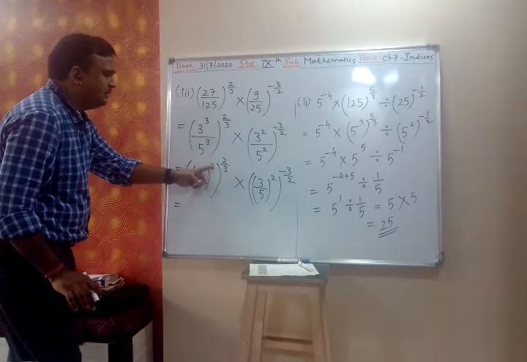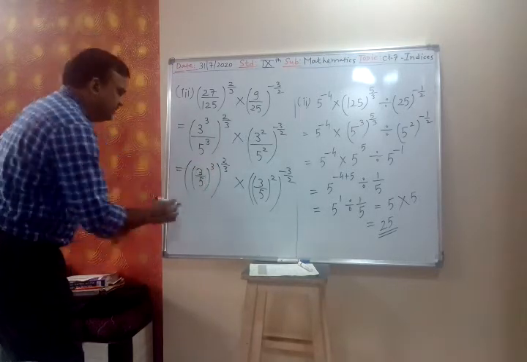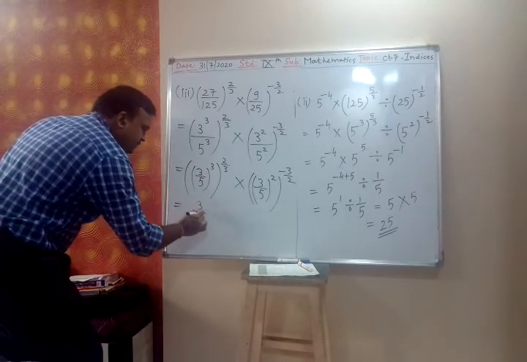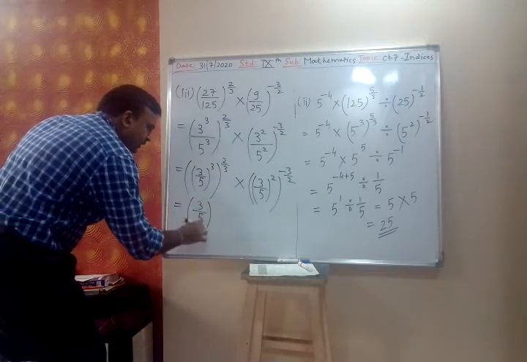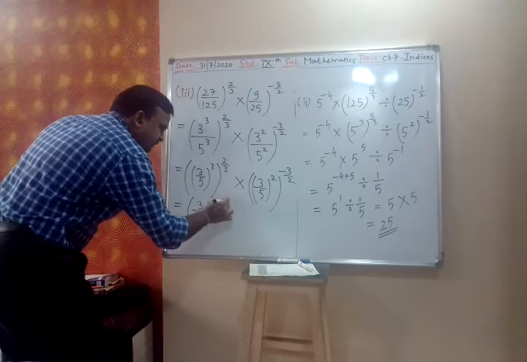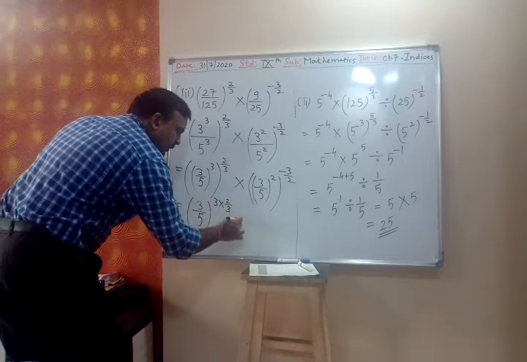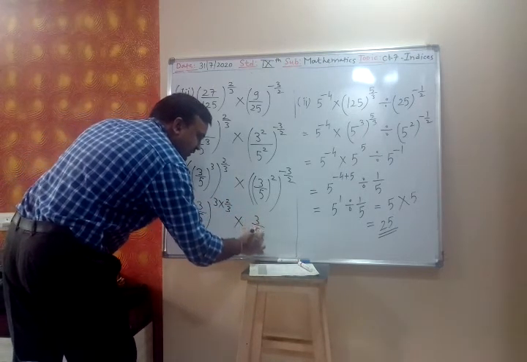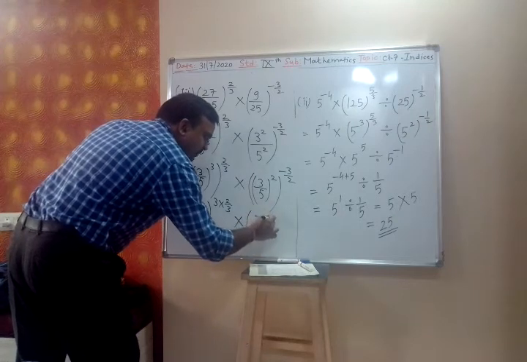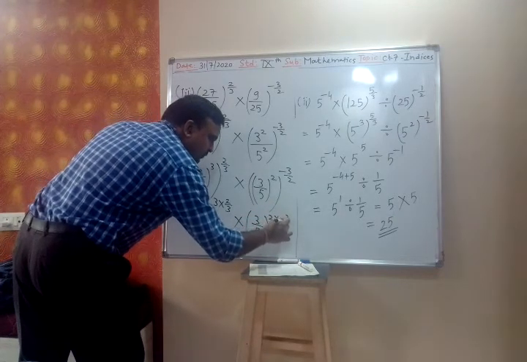multiply the power, 3 gets cancelled. So what is that? 3 by 5 raised to 3 into 2 by 3, into 3 by 5, power raised to power, multiply the power, so 2 into minus 3 by 2.